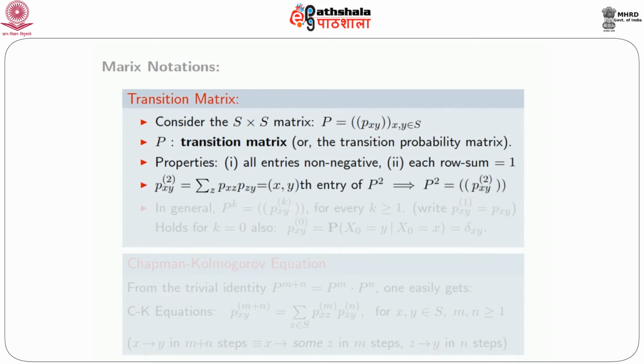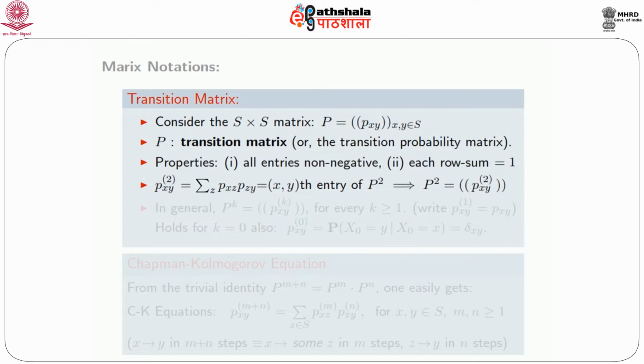Next, if you look at the formula for Pxy2, the two-step transition probability that we obtained, the formula was Pxz into Pzy, that product, summed over all possible z. But your knowledge of matrix algebra would tell you that if you look at the matrix P and then look at the square of the matrix in the sense of matrix multiplication, then this quantity Pxz Pzy summed over all z is nothing but the xyth entry of P square.